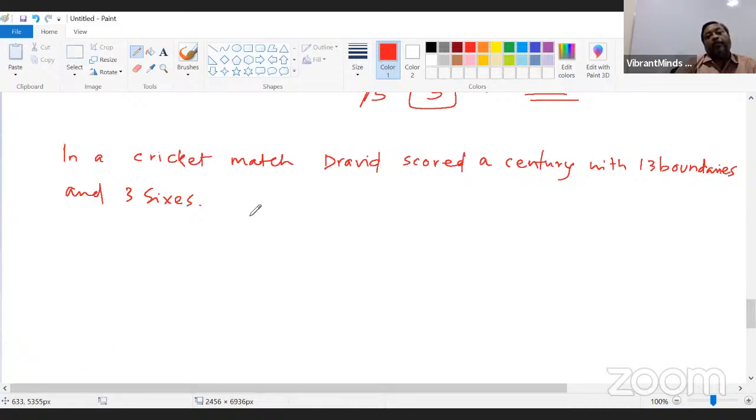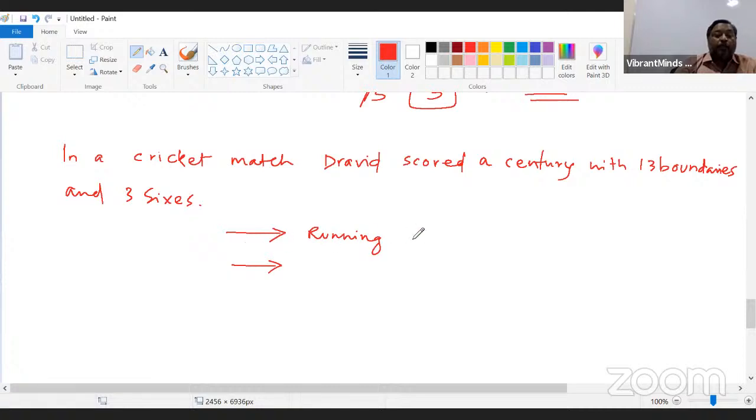Now, there can be many questions asked on this statement. Example, how many runs he has scored by running? What percentage of runs he has scored by running? What percentage of runs did he score by boundaries?